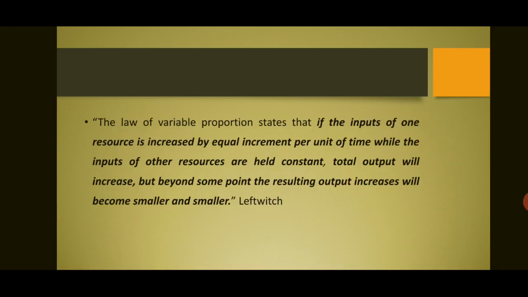The next definition is: the law of variable proportion states that if the input of one resource, that is labor, is increased by equal increments per unit, that is one labor, per unit of time, while the inputs of other resources are held constant, total output will increase.